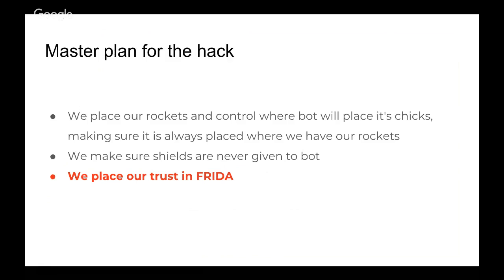So we decided that, okay, we know where we are putting our rockets. Let's just make sure that the bot, irrespective of wherever it has generated the random number to put the chicken, we are going to change that and make it place the chicken in the same location where we have placed our rockets, right, to get it blasted. We have made sure that the shields are never given out, and of course we place our trust in Frida for all of this to function and work properly.